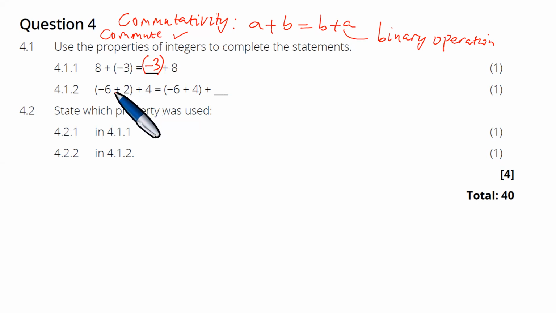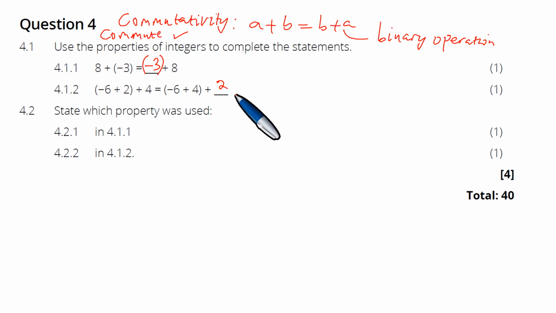Surely it is the number 2 that we must write here because there was 2 there. Now the 2 is gone next to the minus 6, the 4 has been brought in. And now we can see the 2 is the only one that is missing on the right-hand side of the equation. And therefore we have 2 and we've put the 2 there.